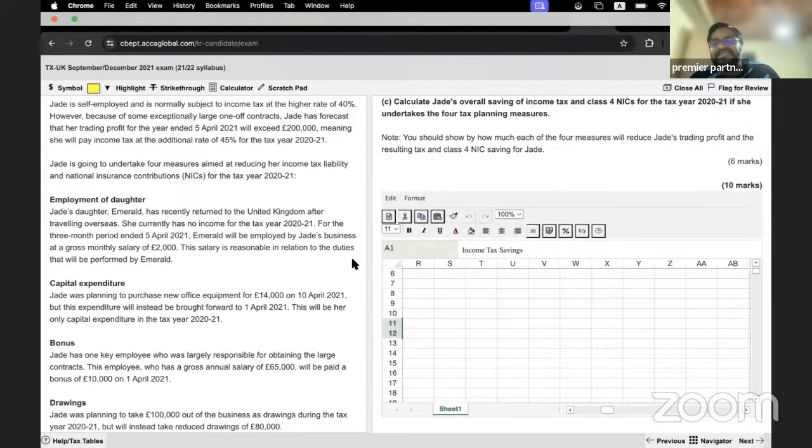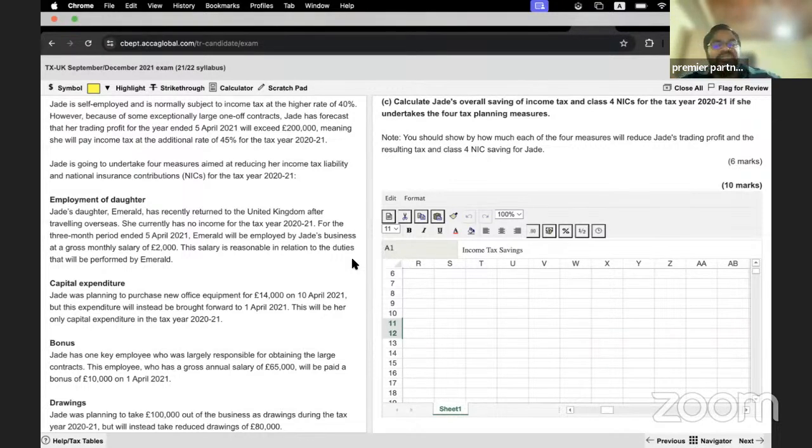Exactly. NIC for the bonus will also come into the picture, because for this particular employee also, you will have to pay class 1 employer contribution, right? So that will be a deductible expense from tax adjusted trading profit. So that also comes into the picture. Are we all clear about that? Any doubts about that? Right.